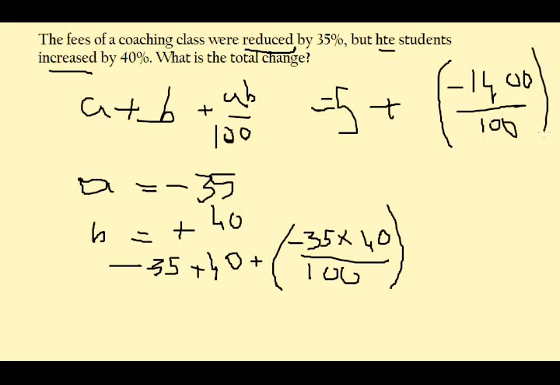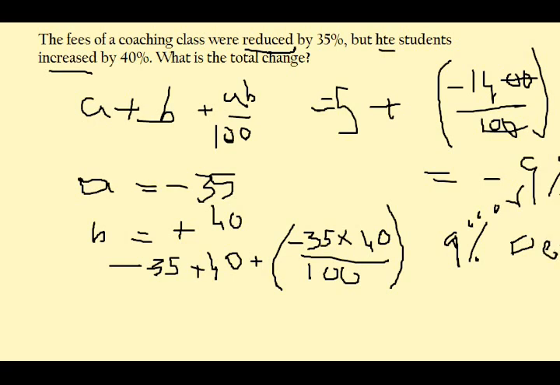So here the zeros would get cancelled and your answer remains minus 14 plus 5, that is equal to minus 9. So your answer would be minus 9, or 9% decrease. The negative sign here indicates decrement or decrease.